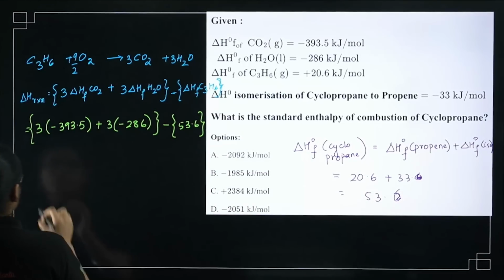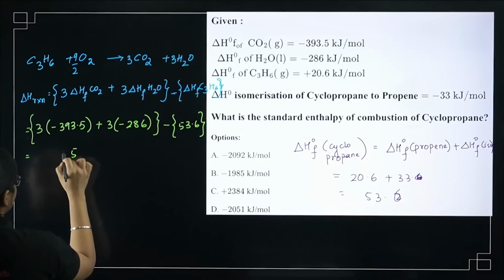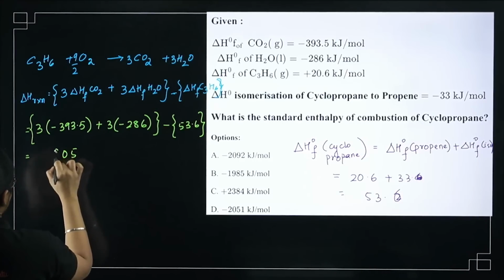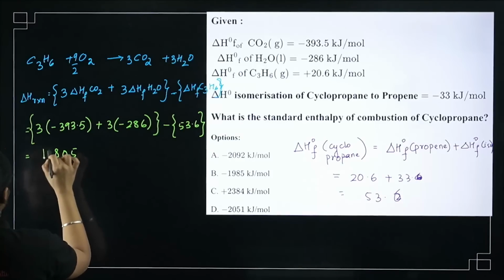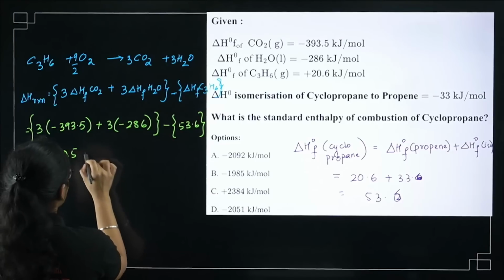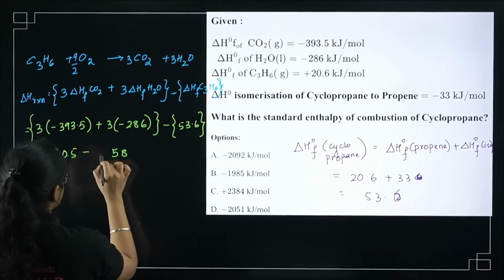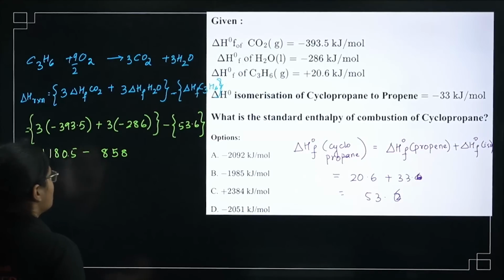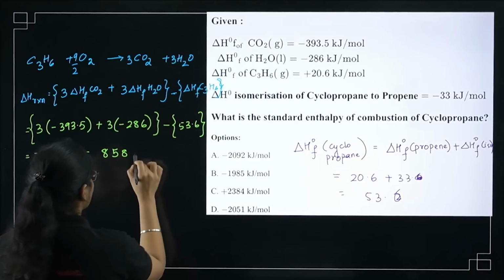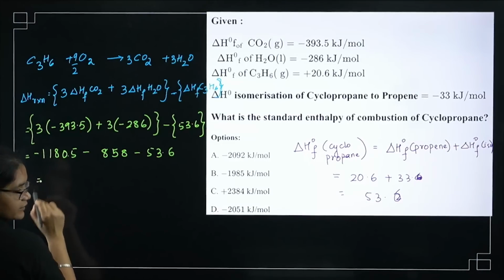Clear? Now to solve this, 3 fives are 15, 3 threes are 9 plus 1 is 10, 3 nines are 27 plus 1 is 28, 3 threes are 9, 10, 11, right? Then 3 sixes are 18, 3 threes are 9 plus 1 is 25, 3 twos are 6, 7, 8. Then we have minus 53.6.